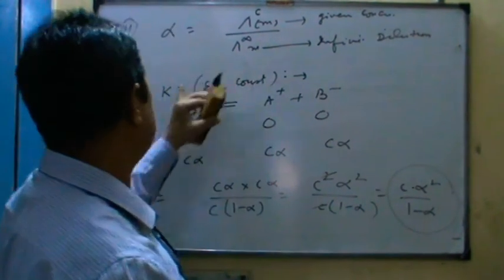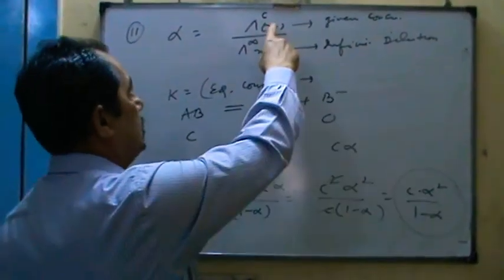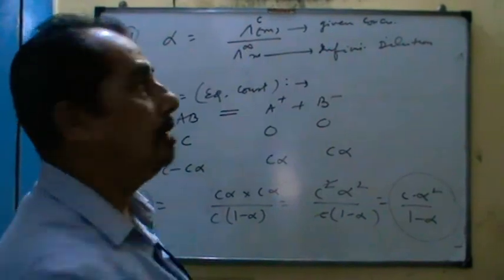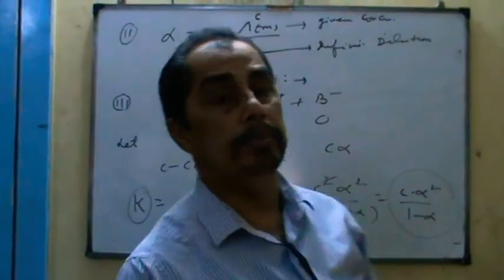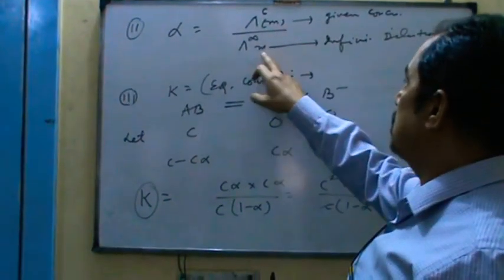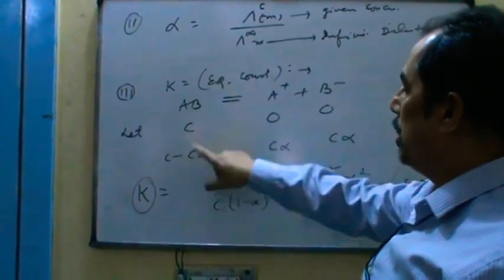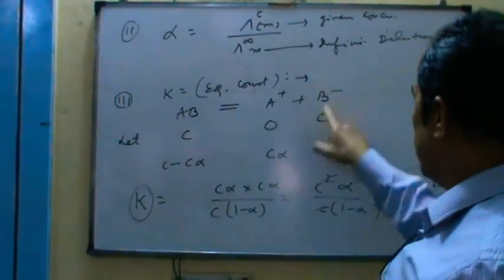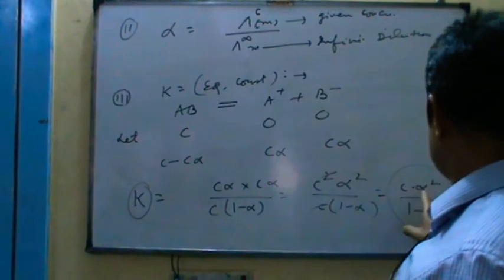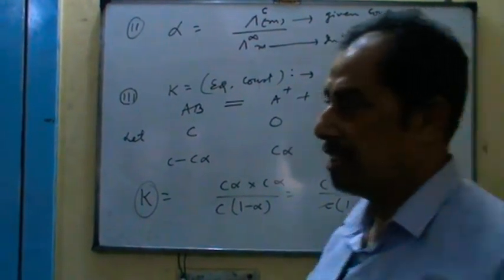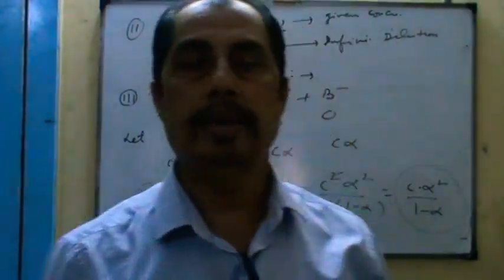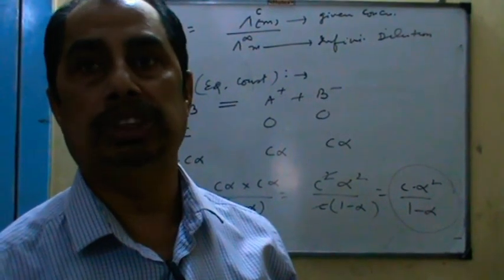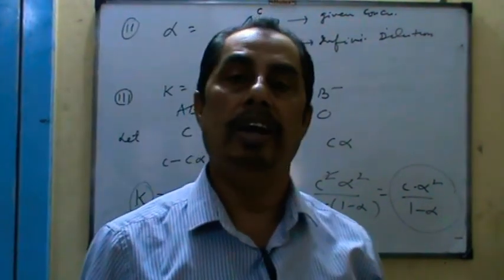Second, alpha is the degree of dissociation, the ratio between molar conductivity at a given concentration and at infinite dilution. Third, you can calculate the equilibrium constant as C into alpha square upon 1 minus alpha. In my next class, we will discuss the numericals based on Kohlrausch law of independent migration of ions. Thank you very much.